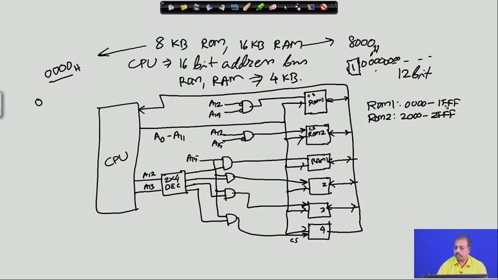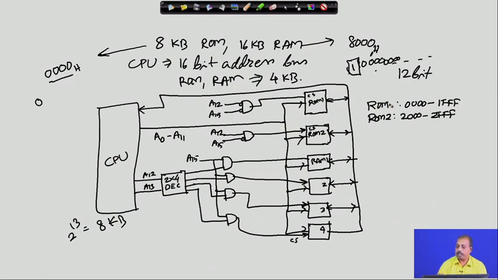This is your 12 plus 1, 13 bits. 13 bits means 2 power 13, which is basically 8 kilobytes. So, this 1FFF is the complete ROM space.